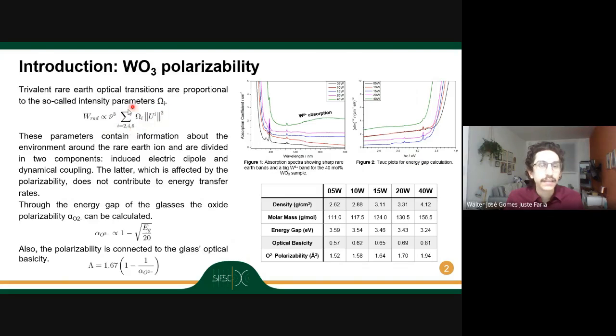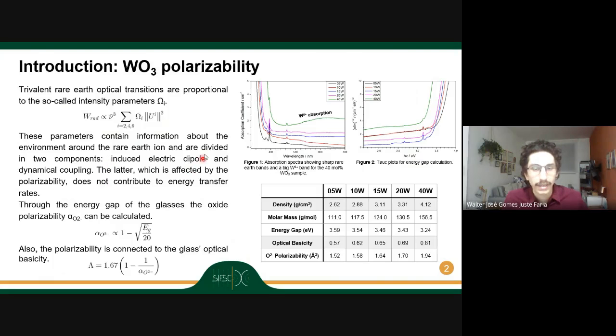And there is this so-called intensity parameter. And this parameter here depends on these two mechanisms that I'm going to talk about. These parameters depend on the environment, the symmetry around the ion, the degree of covalency bond of the ion, and of course the polarizability. So what are these two mechanisms?